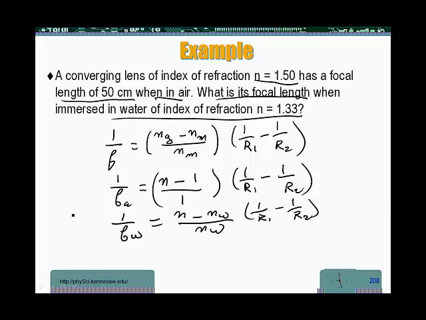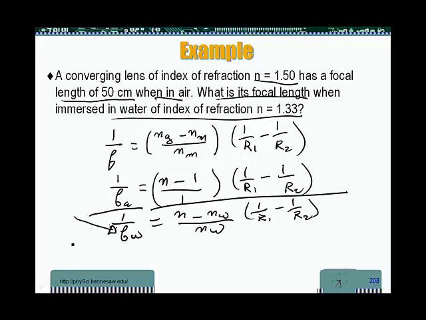Now, we are trying to find f water. To do that, I'm going to use a little trick. We have these unknowns that we would like to get rid of. When you look at these equations, you notice that we can get rid of them if we divide these equations by each other. Which means I divide this side by this side and this side by this side.